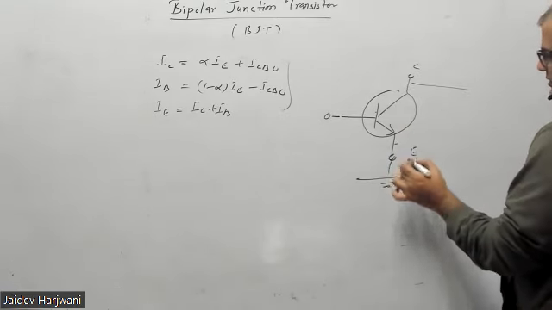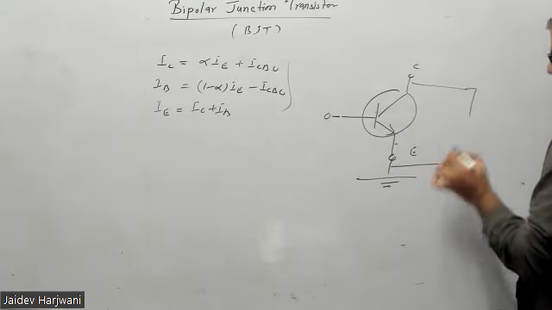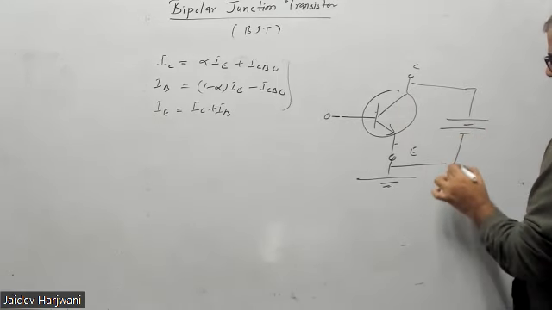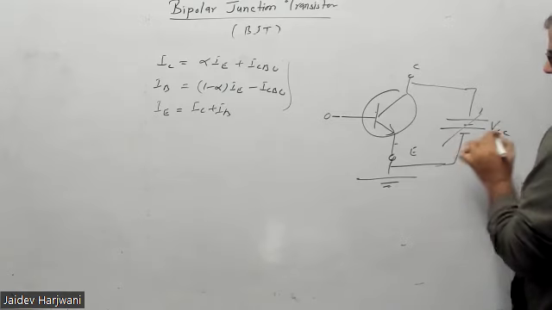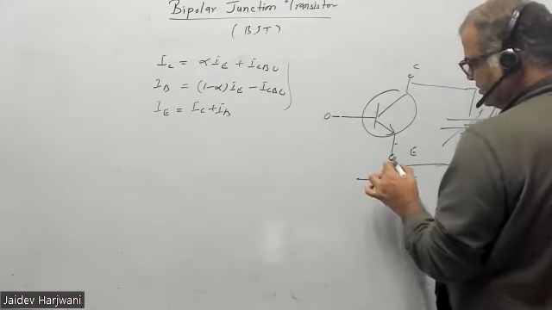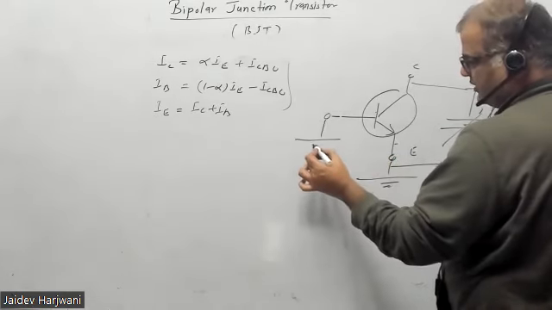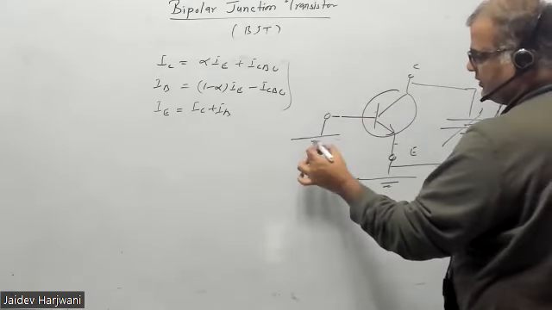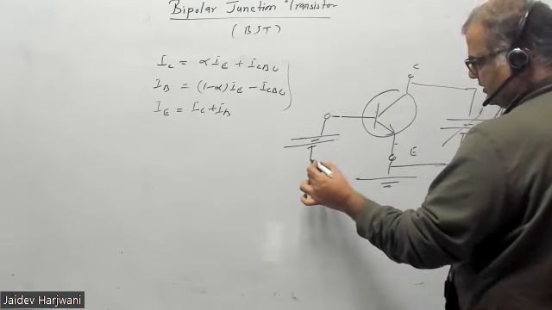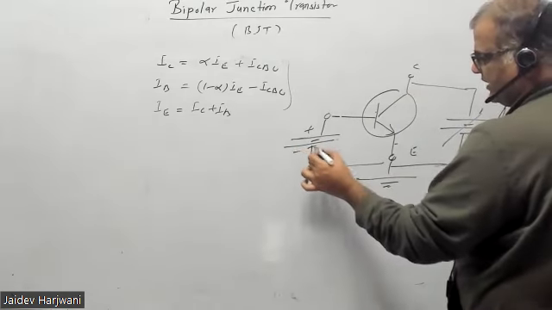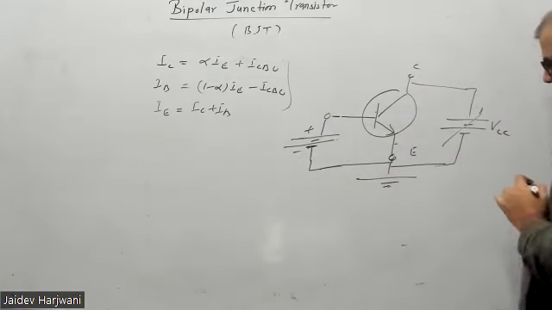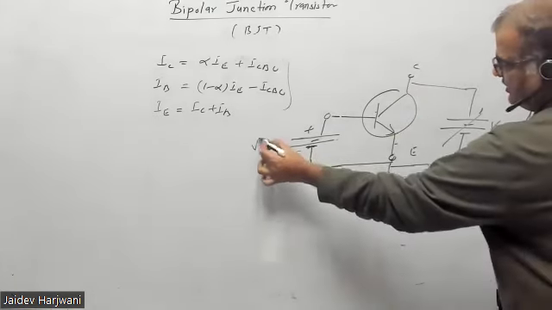Here I'm applying a voltage VCC, and here again I apply VBB. I want forward bias here, so this should be plus and this should be minus.